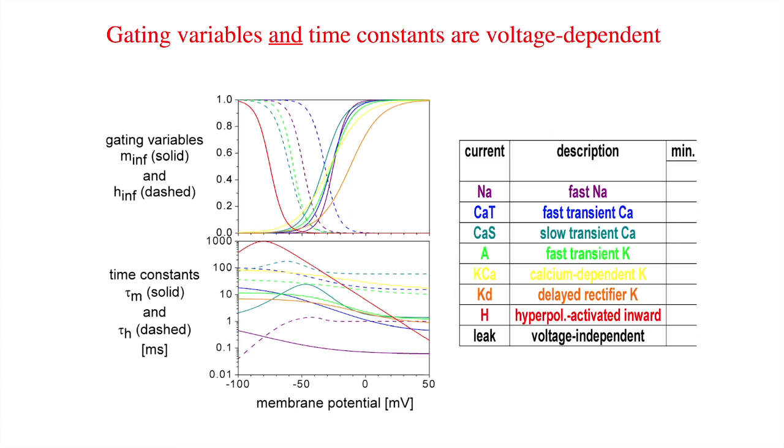And you see that except for the H current, they all have this typical sigmoidal shape with high activation probability at depolarized membrane potentials, but you see that they differ, and especially the inactivation gates differ not only in terms of at what membrane potential they are at half value, for example, but also in terms of their steepness.